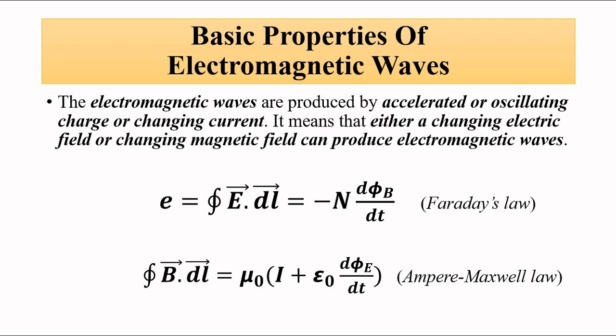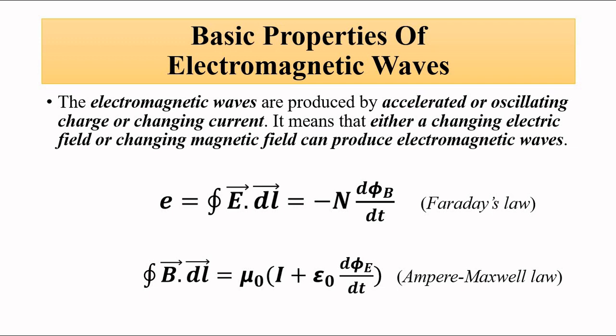So the basic principle is that electromagnetic waves are produced by either accelerated or oscillating charges or by variable current, changing current.